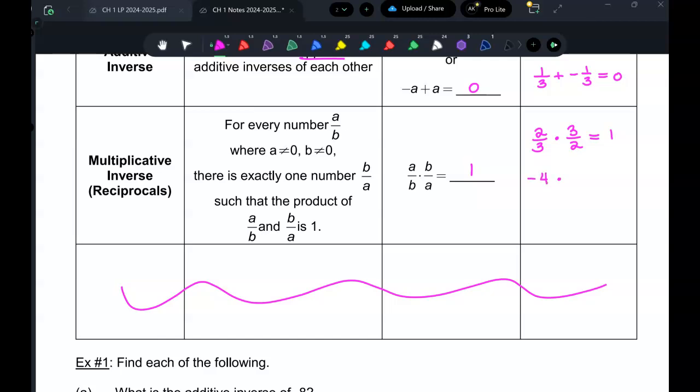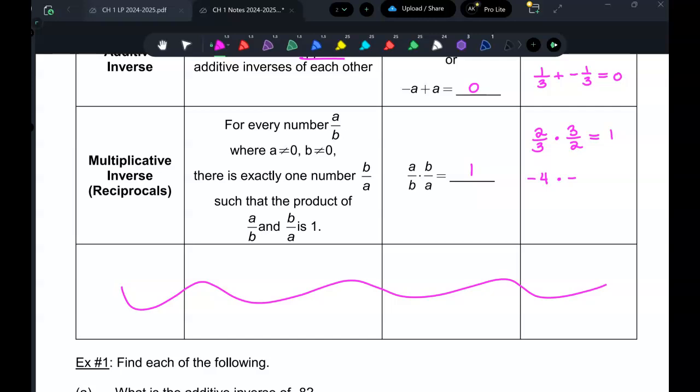Okay, now what if I said -4? This makes sense actually, because if it's a fraction and you switch the numbers, it's always going to be 1. So what if it's a whole number? What if it's a 4? How could you do the reciprocal?